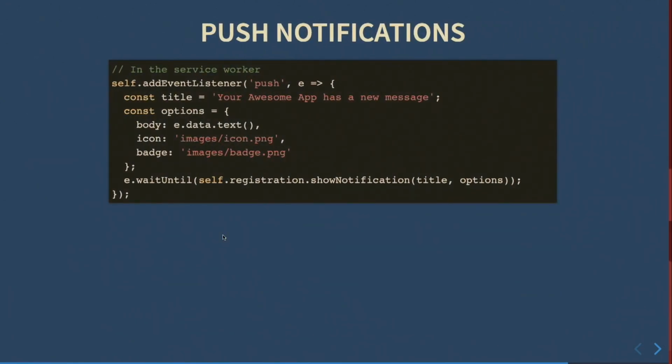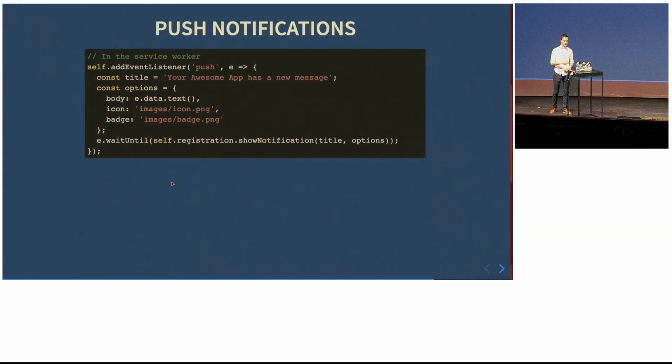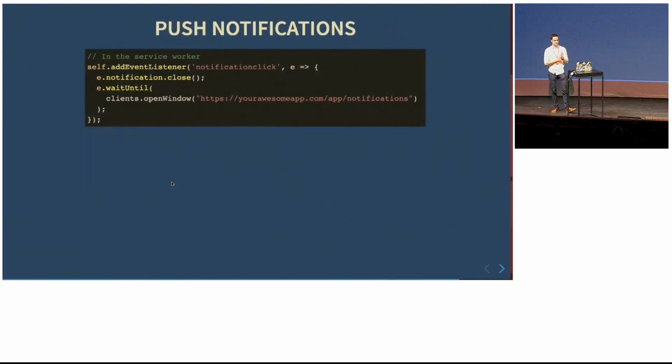Then in your service worker, you can listen for the push event. This push event basically fires whenever your server sends a push notification to this device using that registration we saw before. It can have all sorts of different options for your notification. And eventually you call showNotification as you promised, with a title and a bunch of options. And that generates the actual push notification you see either on desktop or on mobile. Finally, you can also respond to clicks on the notification.